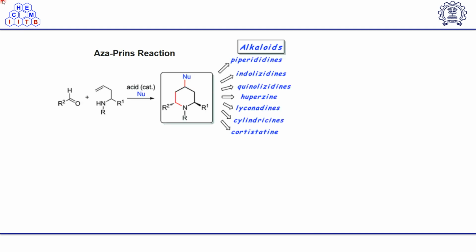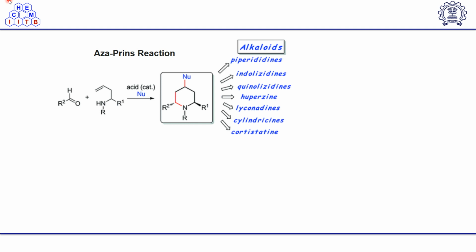Now the next reaction is the aza-Prins reaction. That is basically the acid catalyzed addition of aldehydes to alkenes, and it will give different products depending on the reaction conditions.